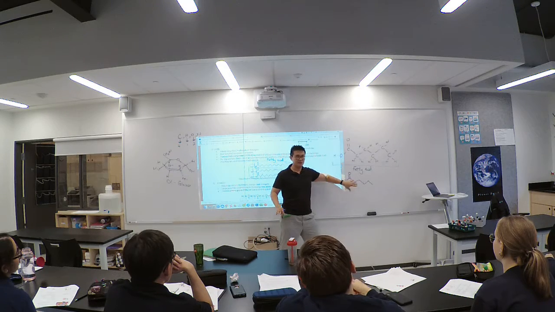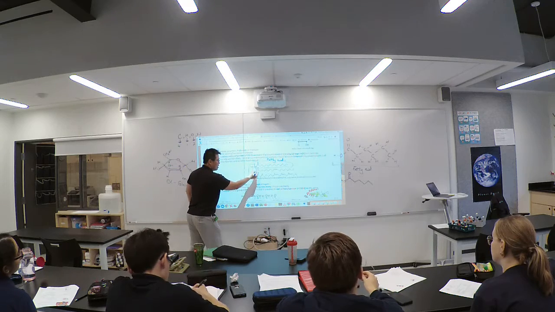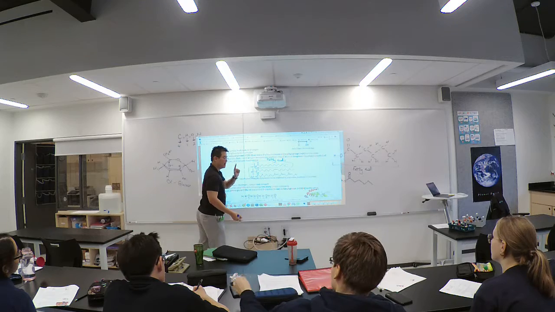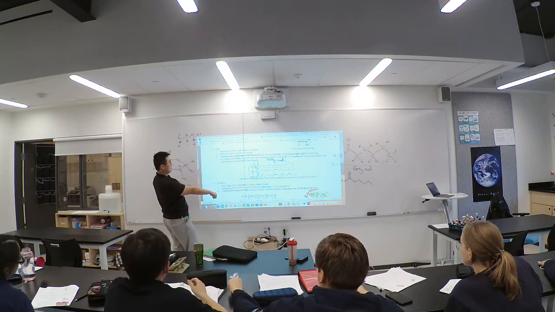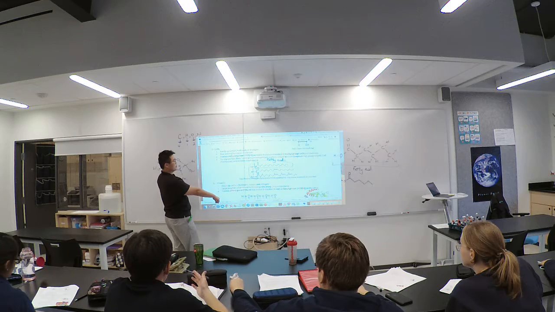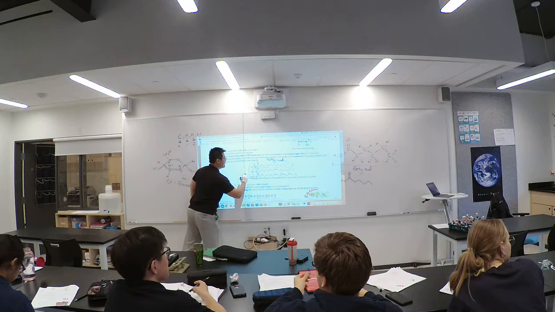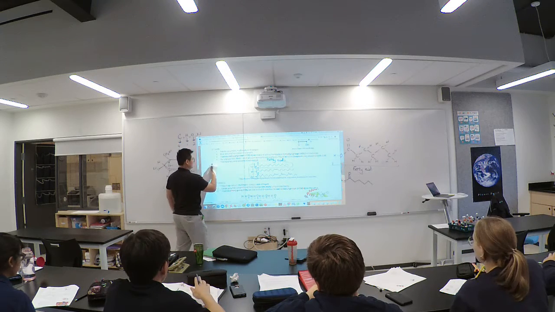Now, earlier you were asking if these oxygens are a part of the fatty acid or a part of the second thing. The second thing here, as you can see, is triglycerides. In this case, this group here is actually glycerol.